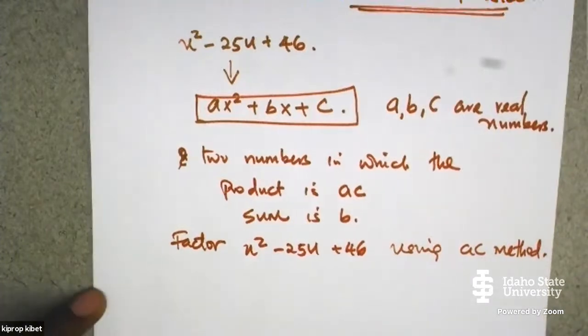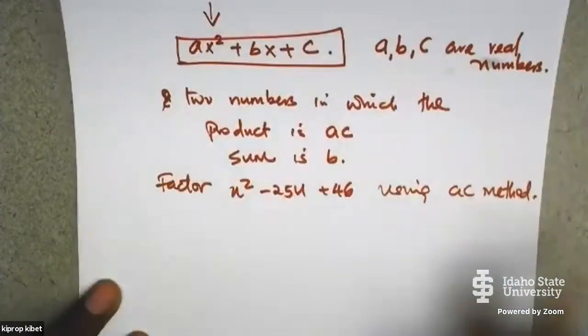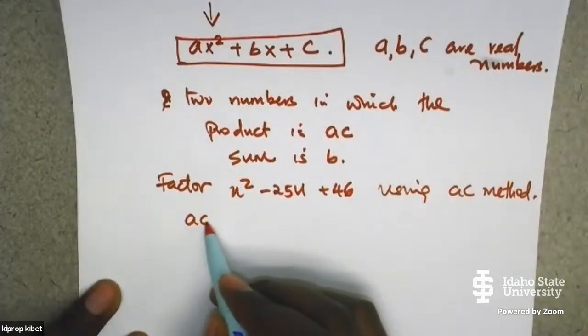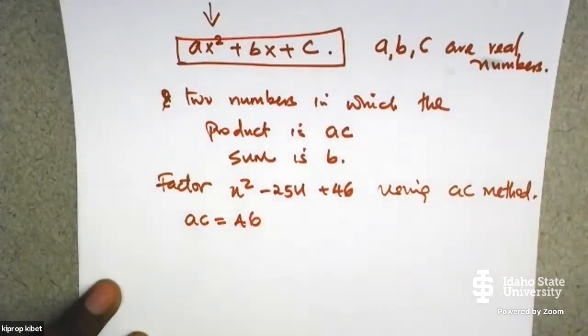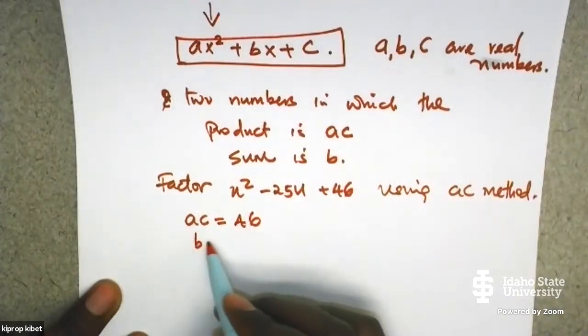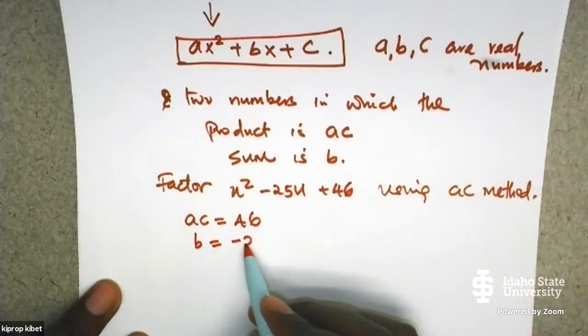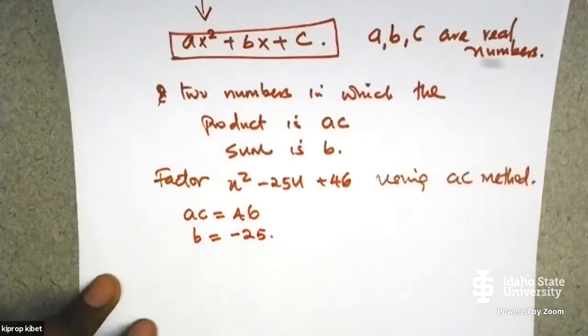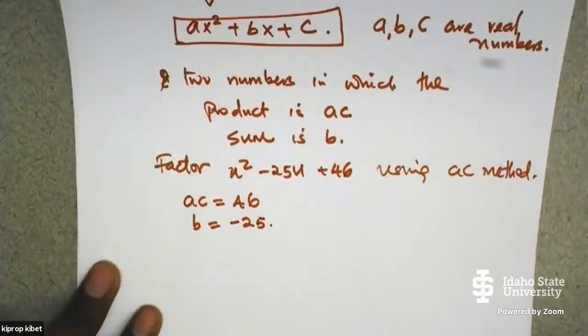In this case, our AC is equal to 46, and our B is equal to negative 25.